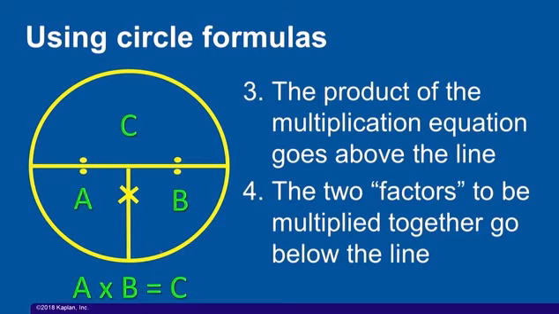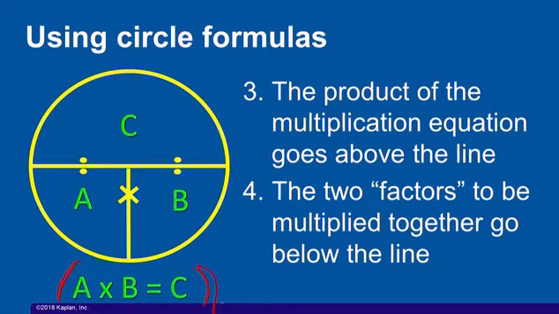So let's say we have this multiplication problem, A times B equals C. C is the product of the equation. The product of the equation always goes above the line.